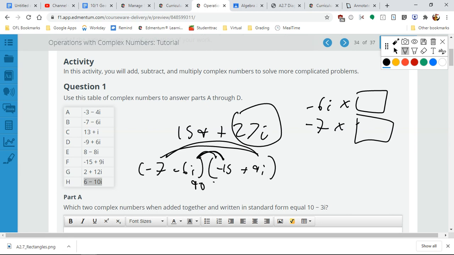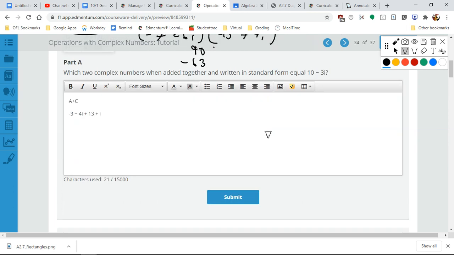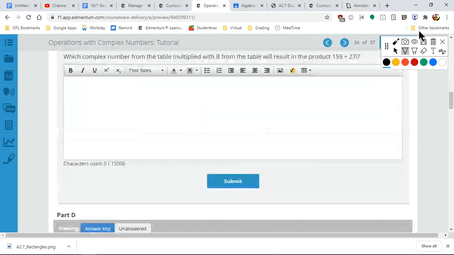Because 6 times 5 is 30, plus 60 is 90. And then if we multiply those, it's going to be negative 63. Oh, we got it. We got it, guys. What letter was this? F. So BF equals that. So B times F.